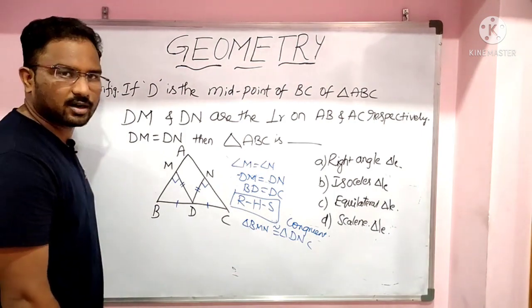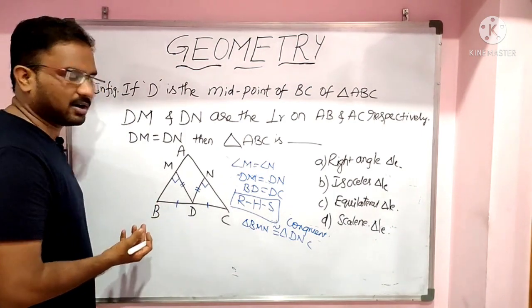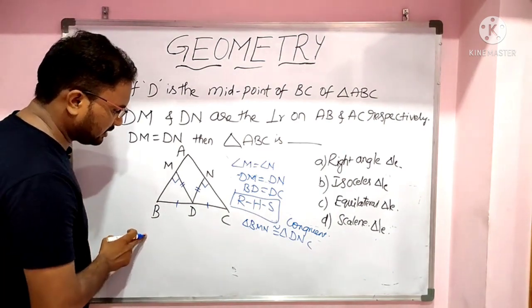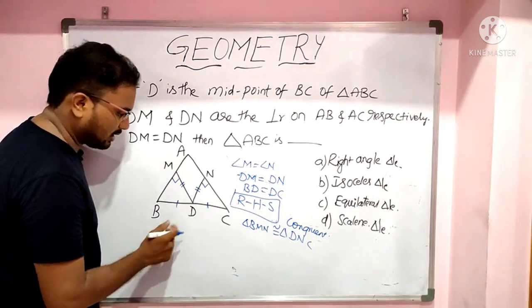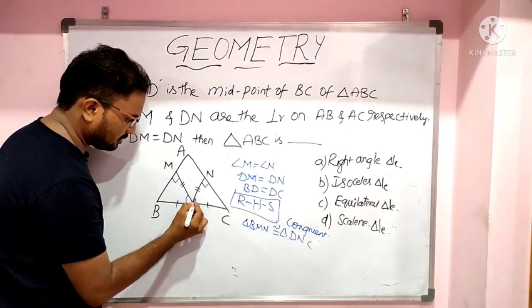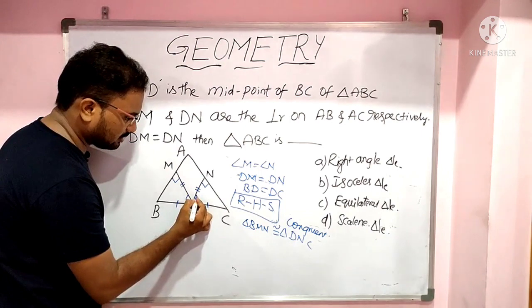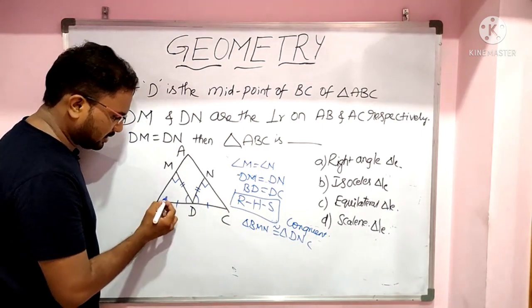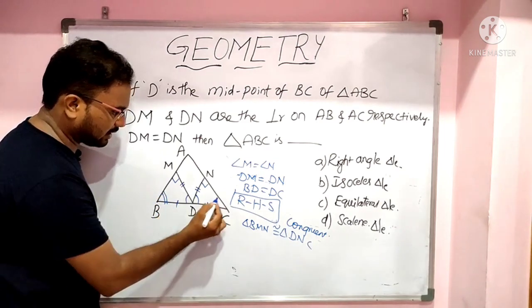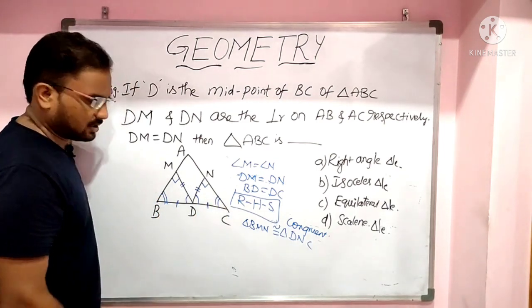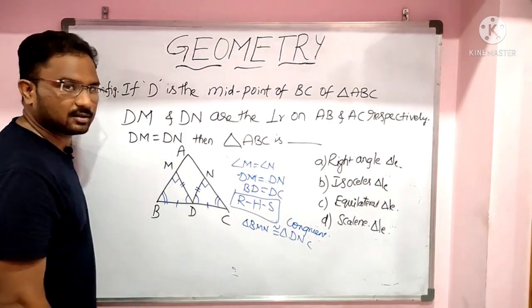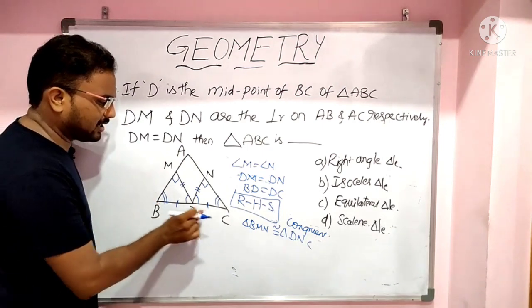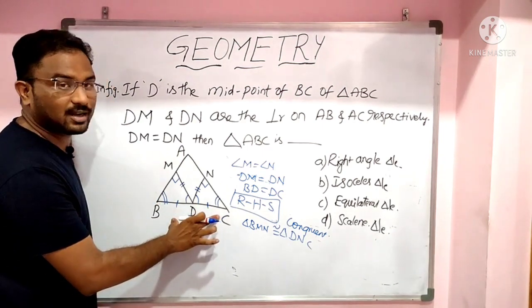If two triangles are congruent, then the corresponding angles are equal. That means angle M equals angle N, angle MDB equals angle NDC, and angle B equals angle C. So in triangle ABC, angle B and angle C are equal.